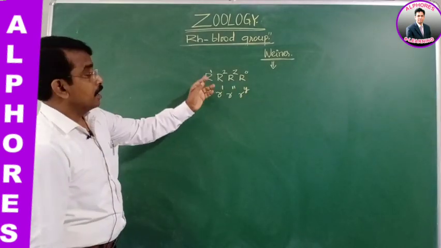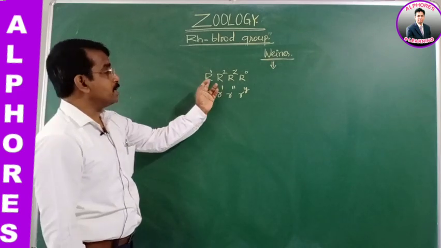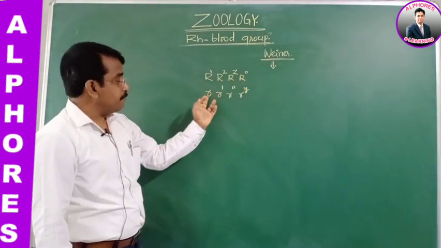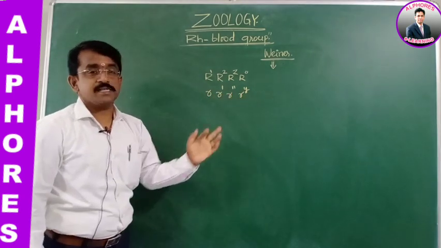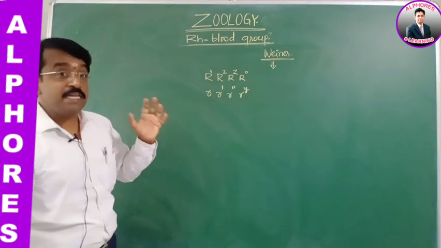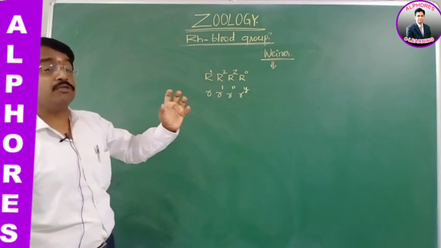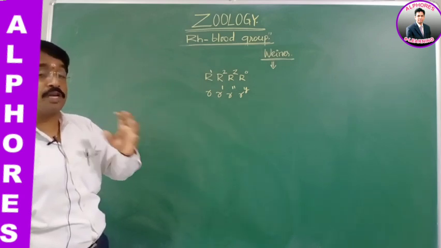So calculate: 1, 2, 3, 4, 5, 6, 7 and 8. So the presence of 8 alleles in a single locus determines an individual Rh positive or Rh negative.